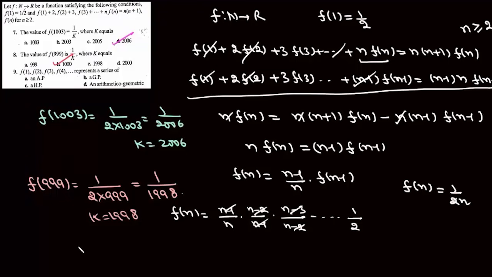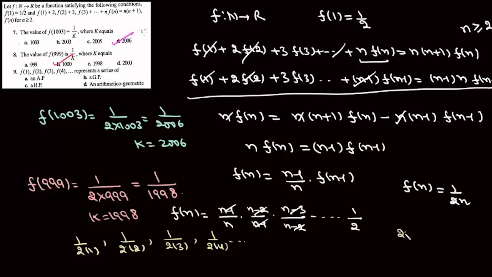And then we have f1, f2, f3, f4. Now f1 is 1 upon 2 into 1. f2 is 1 upon 2 into 2. 1 upon 2 into 3. 1 upon 2 into 4.